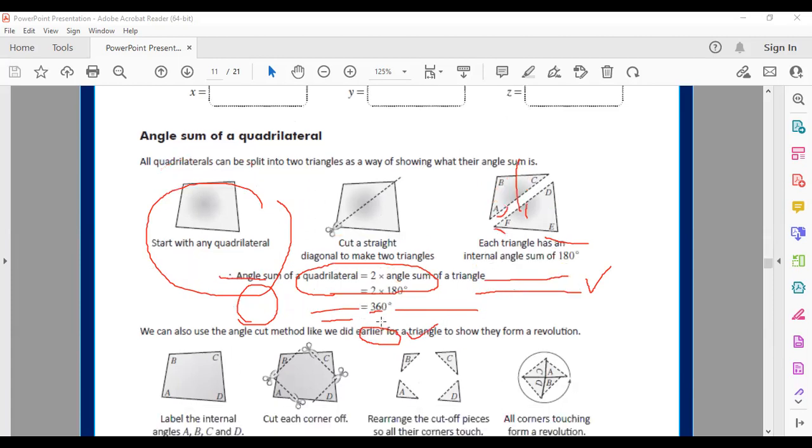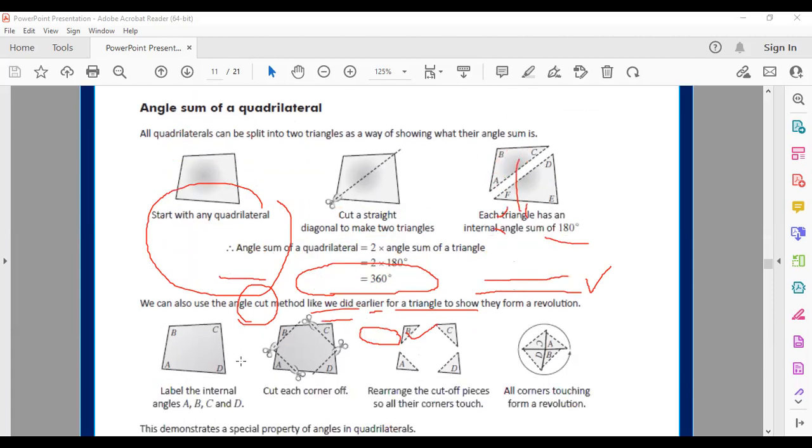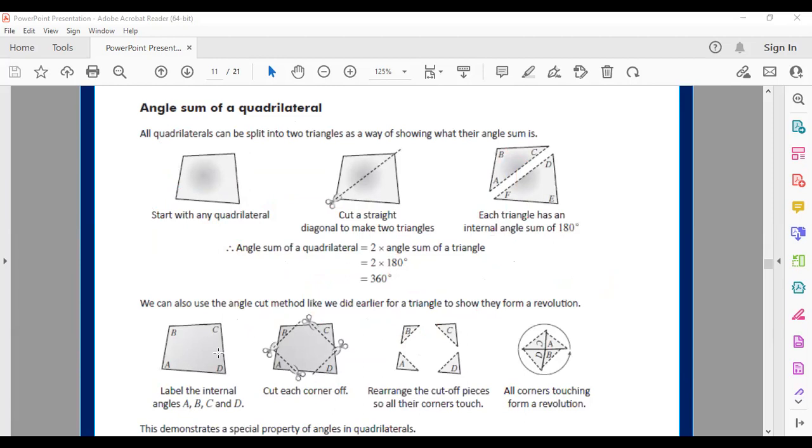So what you do? You draw the quadrilateral, you label the angles. Can you see here, the bottom part here? You label it, you cut it out, then you put it together like that. Join it up with all the corners touching to form a revolution. What is a revolution? 360 degrees.